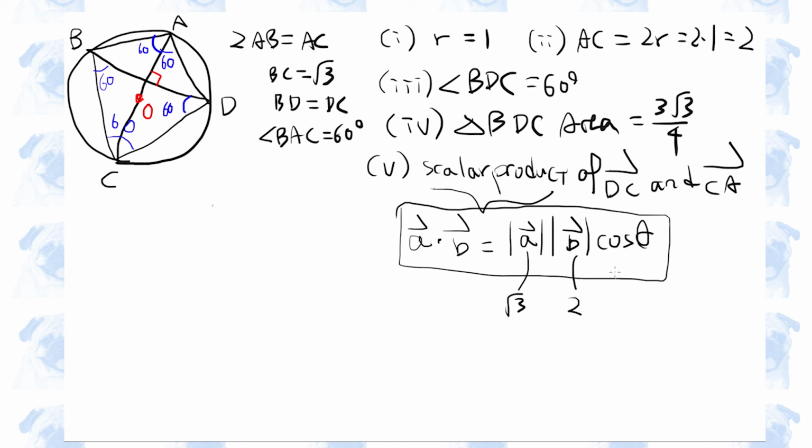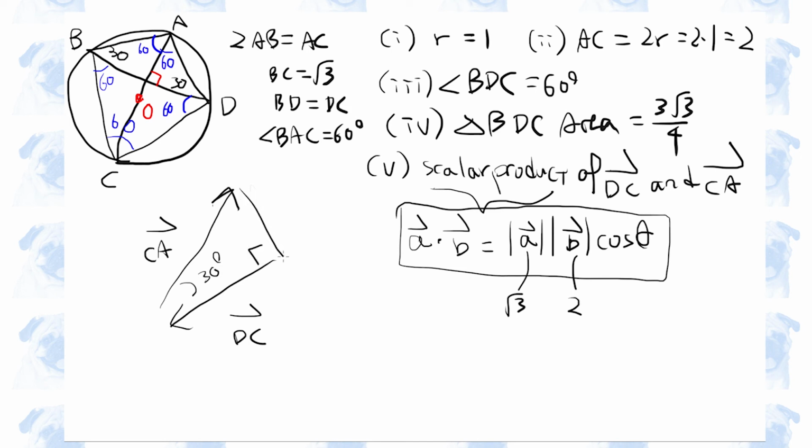Next, let's find the angle between the two vectors. Let's visualize the vectors. Vector DC is going from D to C, and vector CA is going from C to A. And the angle here is 30 degrees. The angle here must be 30 degrees, which means that the angle ADC is 90 degrees.